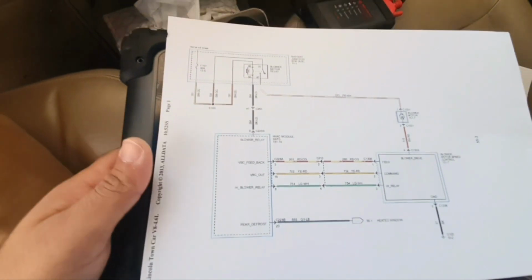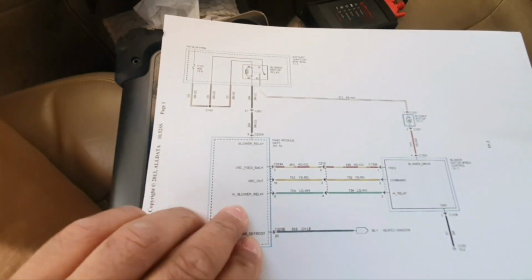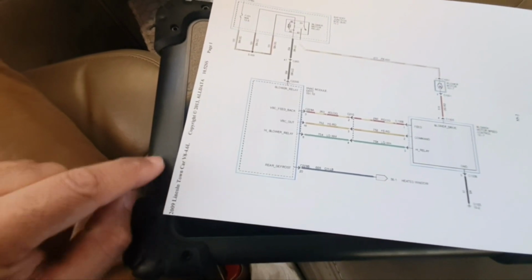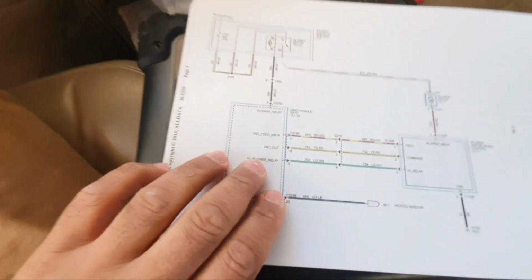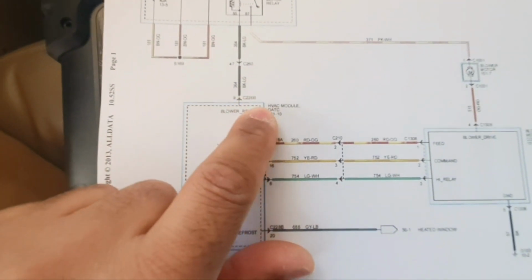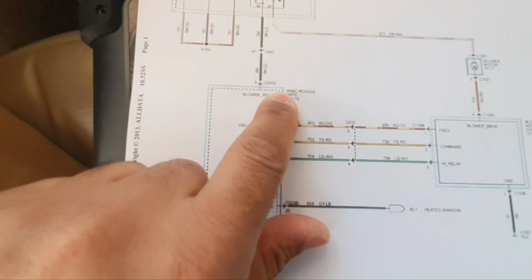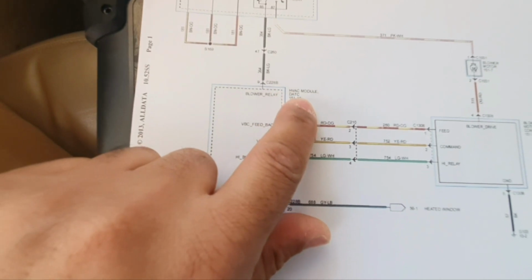Okay, so we have here the wiring diagram for this car. As you can see, it's a 2009 Lincoln Town Car, and we have here this HVAC, which means heating, ventilation, air conditioning module.